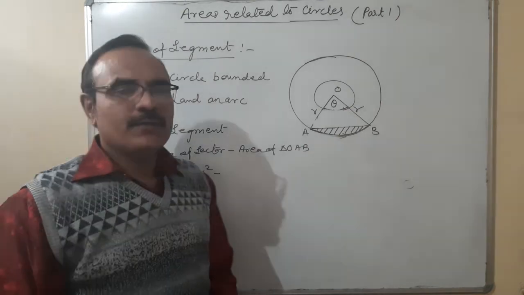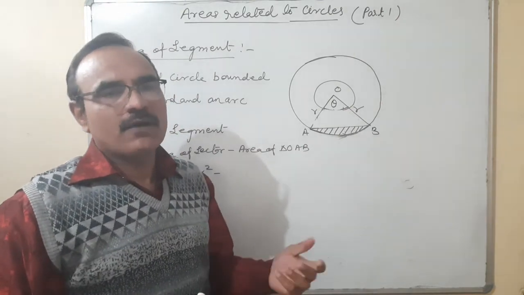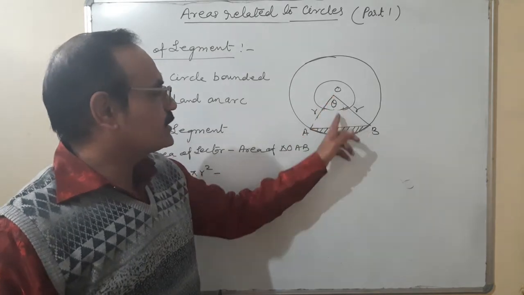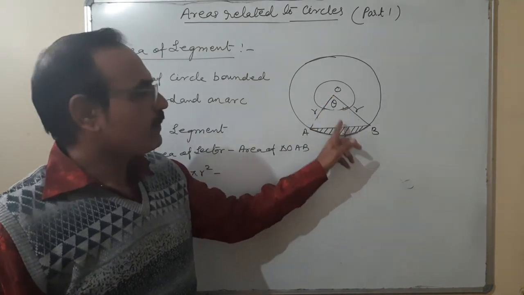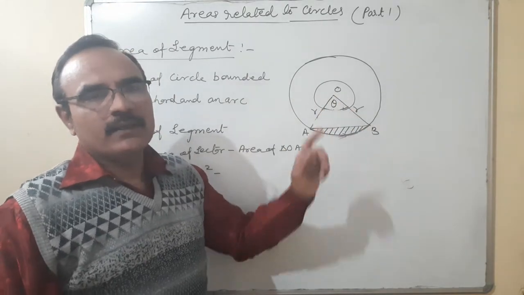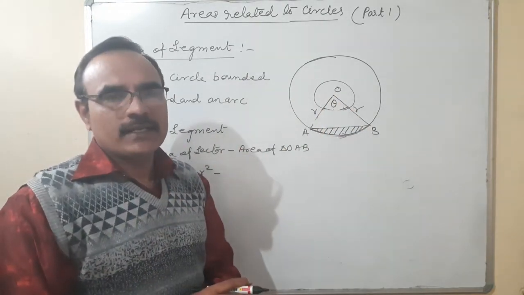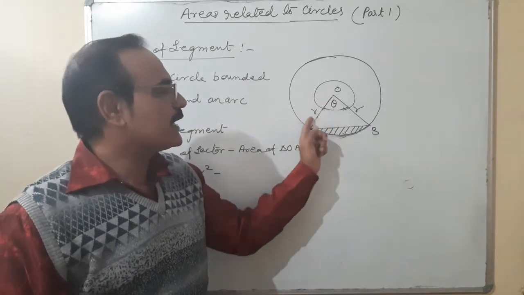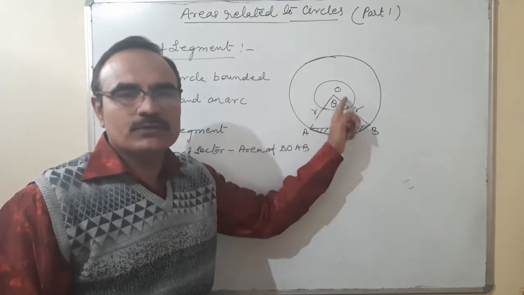Area of triangle OAB, we have 2-3 formulas. One is half into base into height. But for finding half into base into height, we need to know the base, which is compulsory. Okay. And here, when we are talking about the triangle OAB inside the circle, whatever triangles are forming, they are having one common property, that is their two sides are always equal. OA is equal to OB.